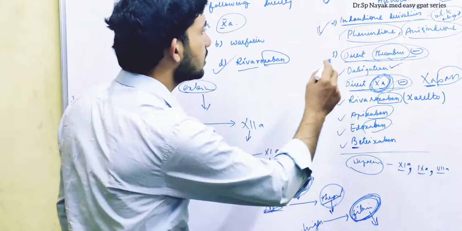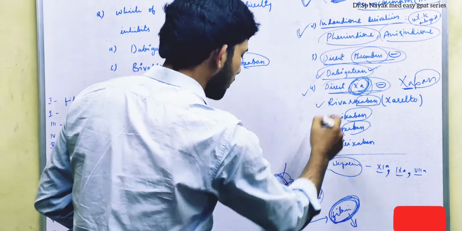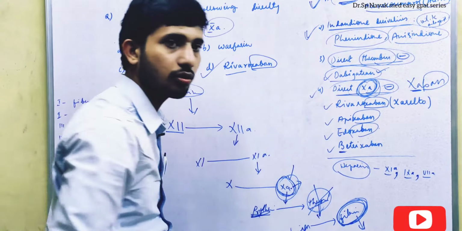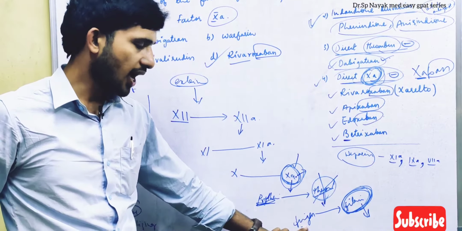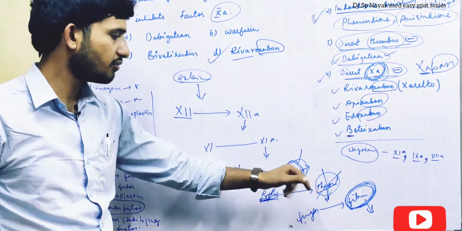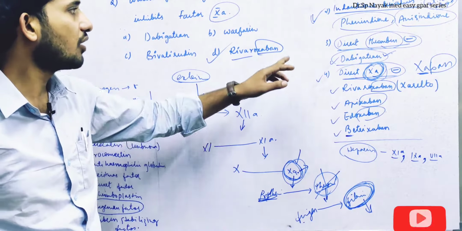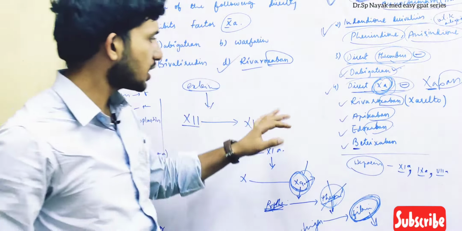So dabigatran is a drug that directly inhibits thrombin. By the inhibition of thrombin, there is no conversion of fibrinogen to fibrin, so even that will reduce coagulation. So we have direct thrombin inhibitors. Remember guys, that is about the drugs.